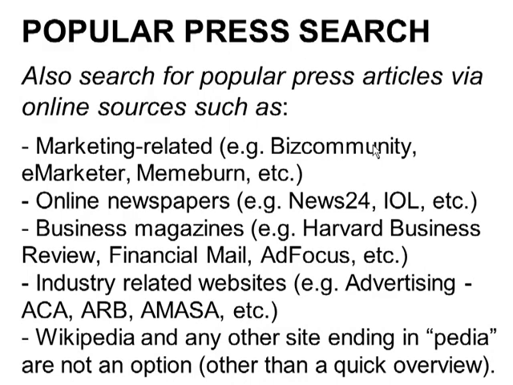So every year I've got 100 to 200 pages of Biz Community and eMarketer articles. That's when I write journal articles, or when my students do a certain topic, I send it to them and say, here you go. This is just to give you background stats. So mostly you get your stats from there, but the theory and the bulk of your research comes from journal articles. Online newspapers, business magazines, industry websites.